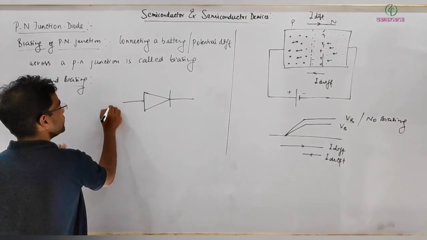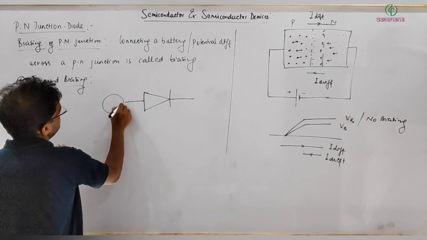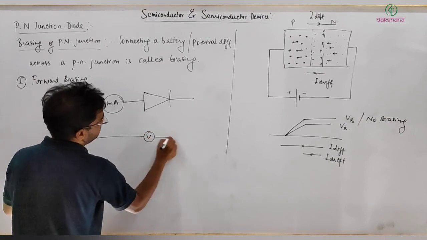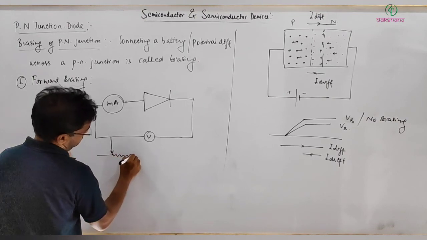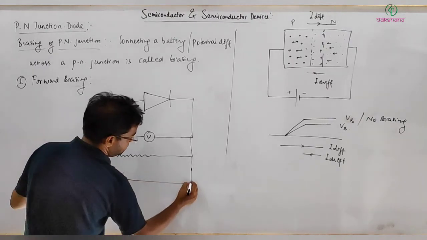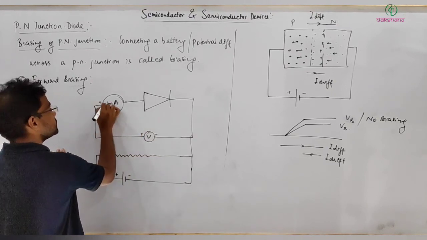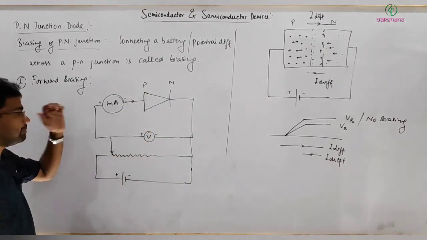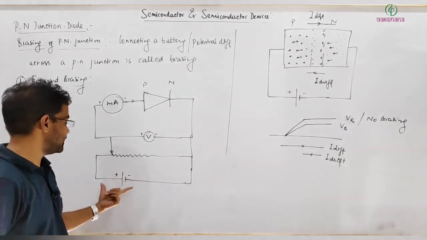In the case of forward biasing we connect a milliammeter here, and one battery, a voltmeter, and a rheostat, with positive and negative terminals as shown, and here is the PN junction, P and N, and current. The milliammeter will be measuring the current.